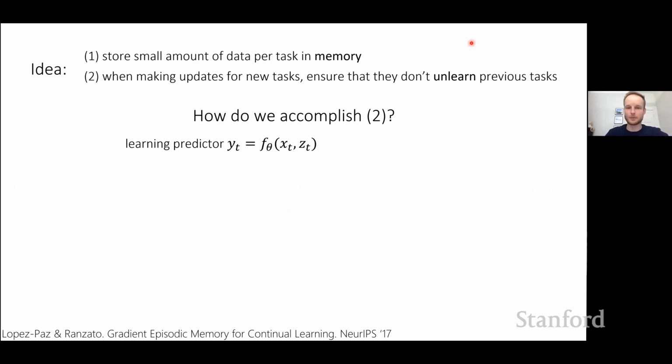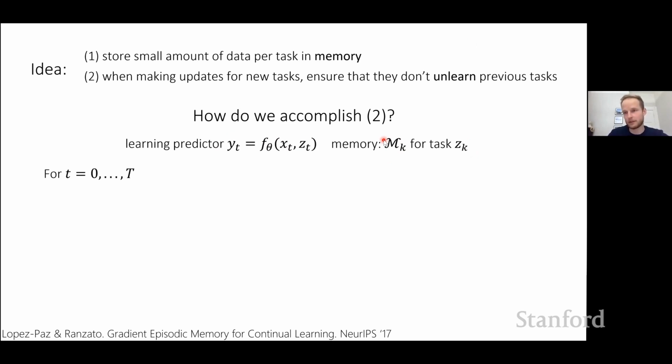First we'll be learning a predictor that takes as input the current data point, as well as the task that this data point comes from. And then we're trying to find these parameters theta that will give us our prediction yt. Now, in addition to this, we'll also keep a memory for other tasks that we've seen in the past. So for any past task, we'll keep a memory that has a little bit of data from the task.